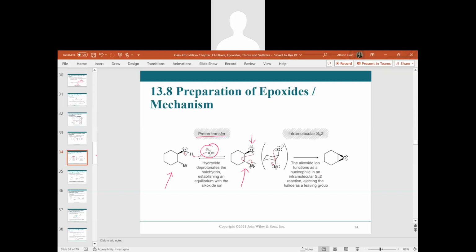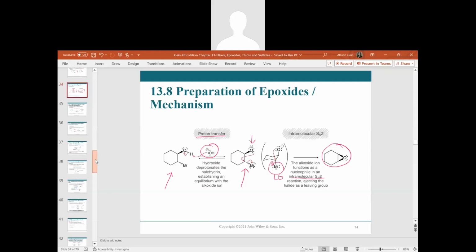Then through an intramolecular Williamson ether synthesis, we can form this epoxide here. So what happens is the alkoxide, the oxygen, will act as a nucleophile and kick out that bromine as our leaving group here. So then we end up with this epoxide formation.